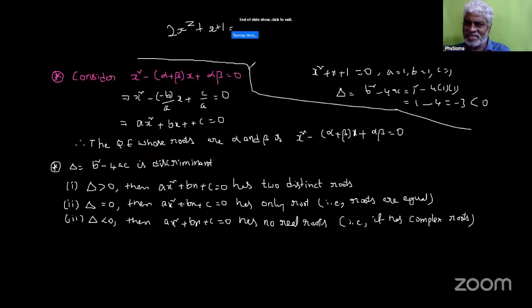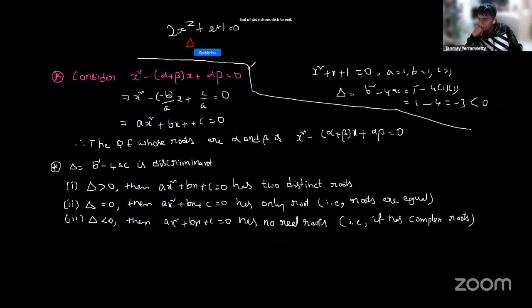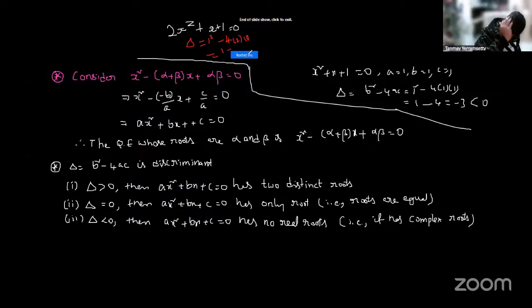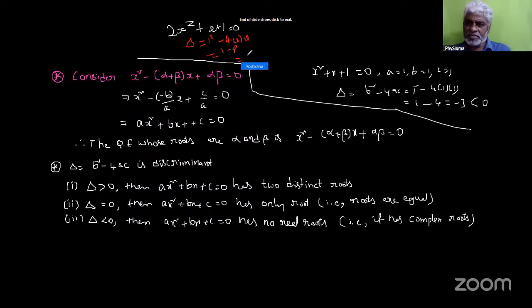This quadratic equation has no roots, because its delta is 1 minus 8, which is negative 7.